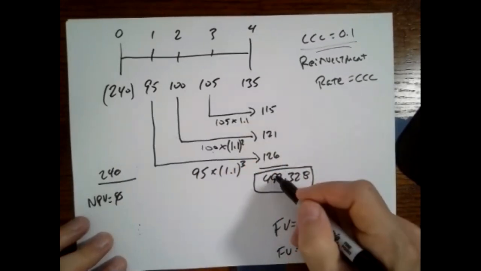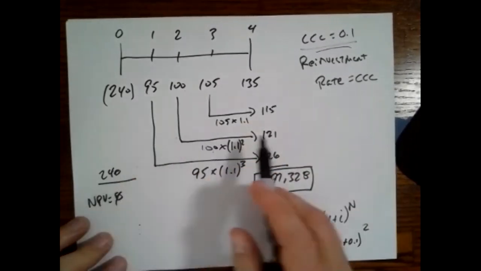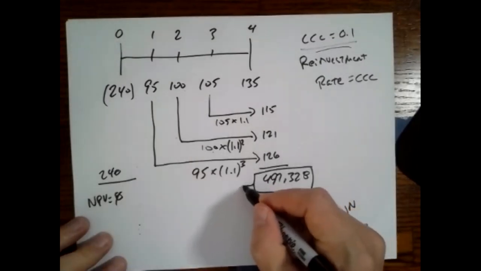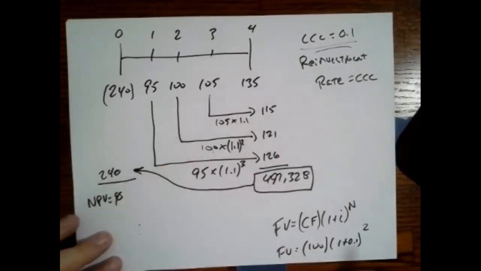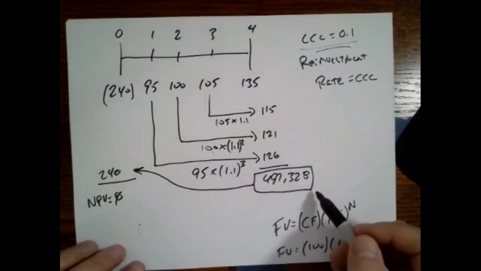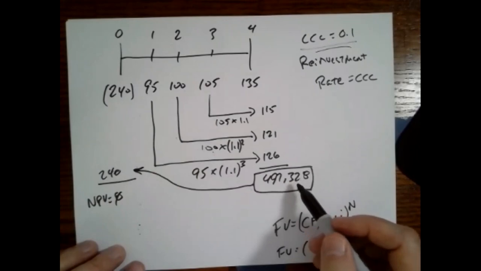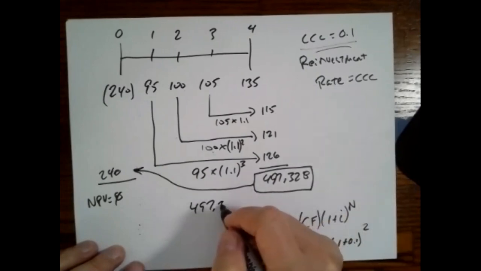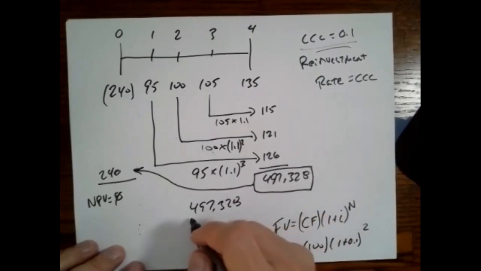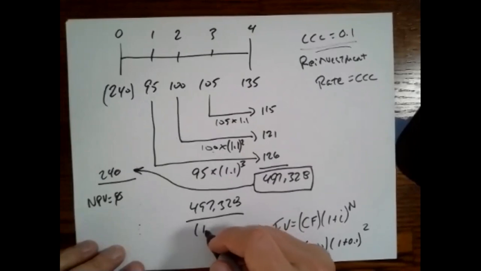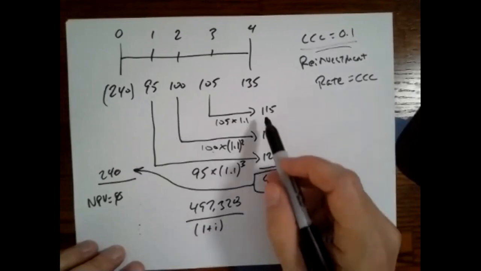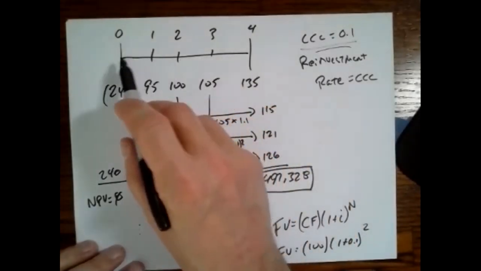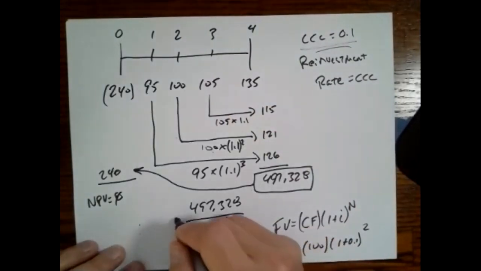Now we're going to take the total of the future values of the cash flows, and we're going to bring it back to the present. So we're going to treat this as a lump sum, and we're going to say, okay, what do I need to divide 497,328 by? What interest rate? 1 plus I, and I'm going to bring it back 1, 2, 3, 4 years, right?